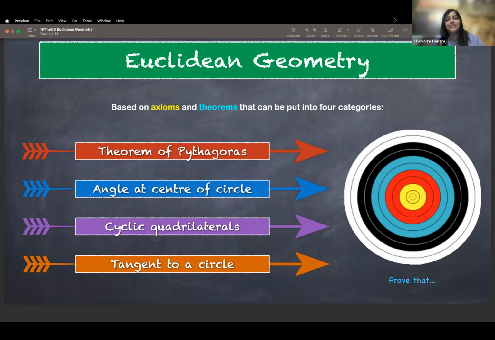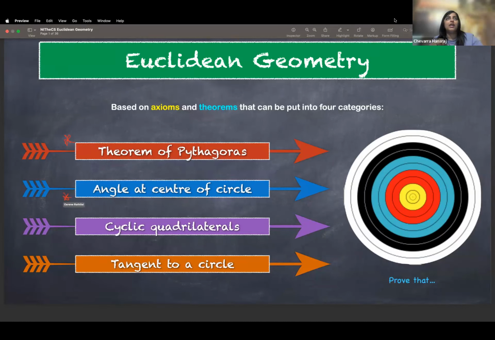So I like to consider them as divided into these 4 different sections. Obviously, the one that you would be attracted to the most is the theorem of Pythagoras. It actually comes out quite a bit. That would be the first one. Then we've got angle at the center of a circle. There are, I think, 2 or 3 theorems that relate to it. Then we have cyclic quadrilaterals.